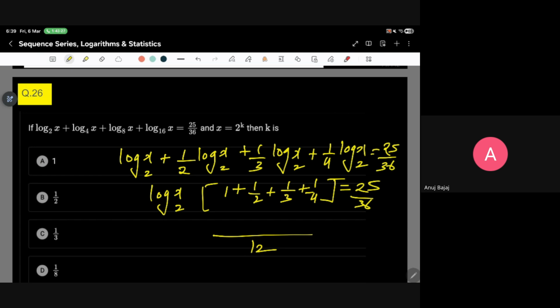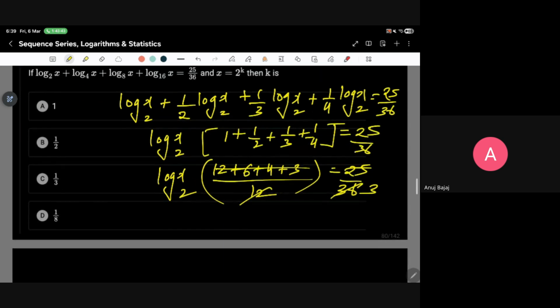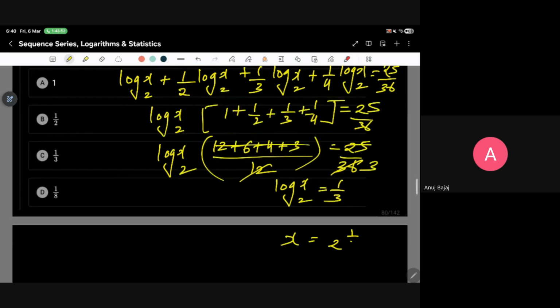Same is 12. So 12 plus 6 plus 4 plus 3. So that becomes 25 and this cancels out to be 3. Right? So x is 2 to the power 1 by 3.